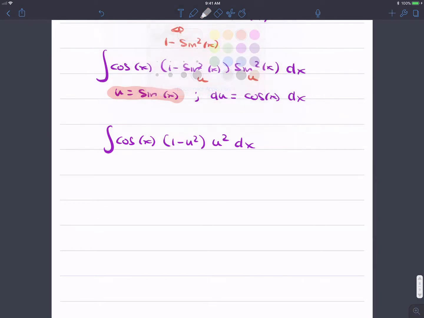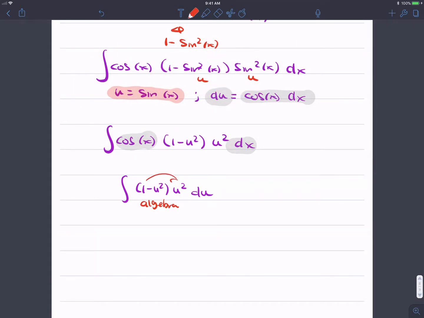Again, cosine x dx is du, and that means I have 1 minus u squared times u squared du. At this point we use algebra, meaning just distribute.